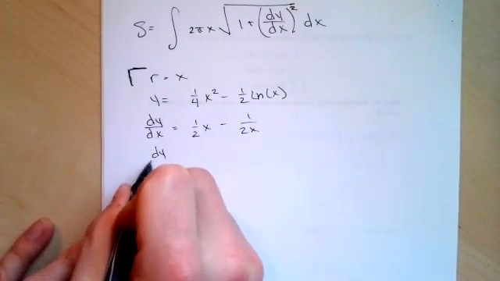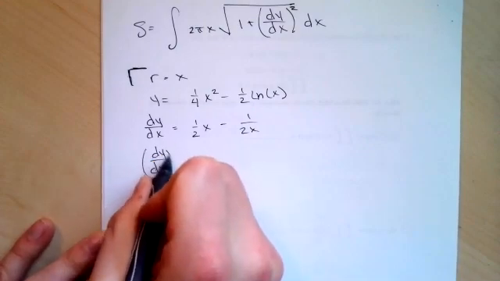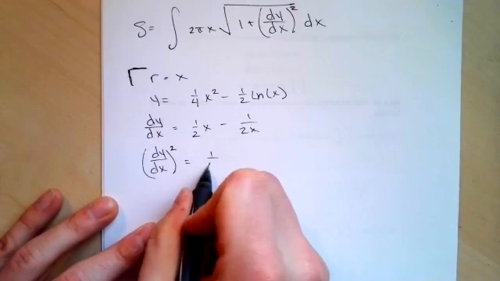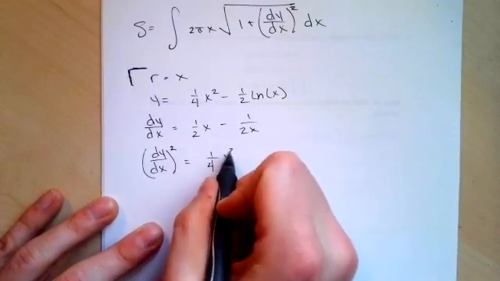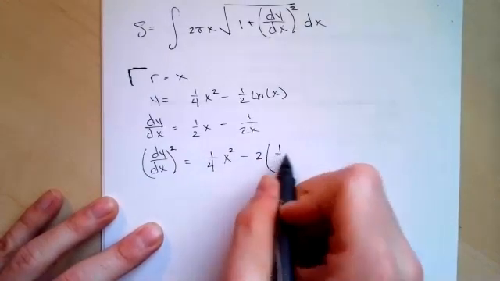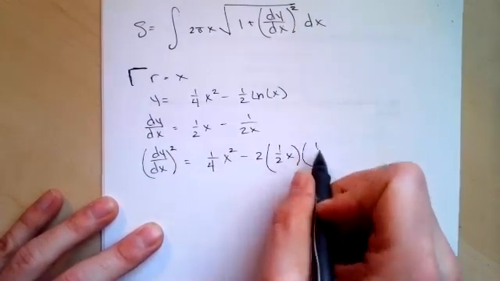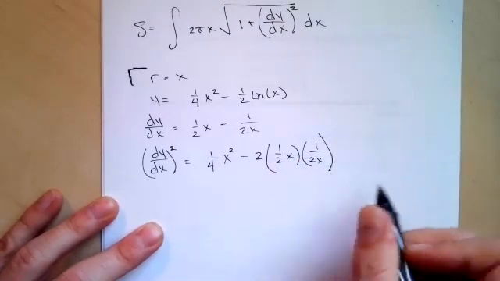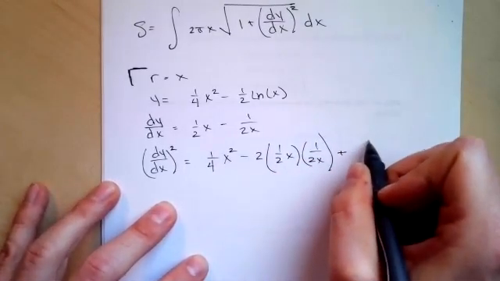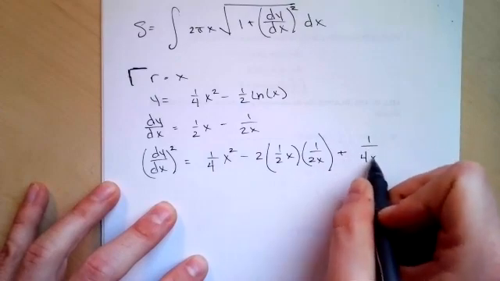And then dy dx squared will give us 1/4 x squared minus 2 times 1/2 of x times 1/2x. So those will simplify nicely. Plus 1/4x squared.